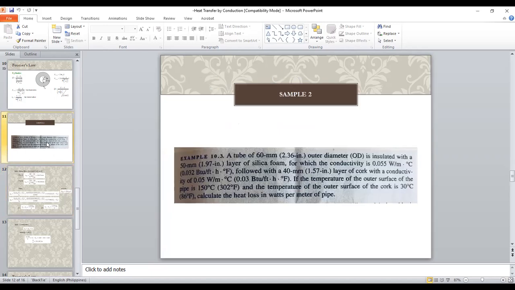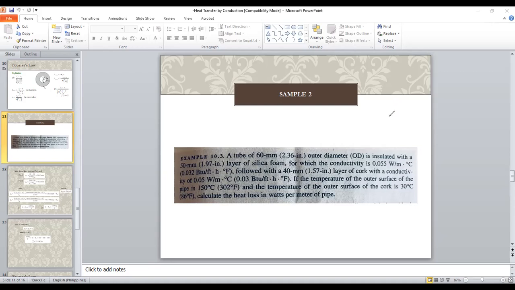For A, which is for silica, take note that your tube is 60 mm and it is insulated with a 50 mm layer of silica. So the thickness of the silica itself is 50. The outer diameter of your tube is 60. So let me annotate here so you could see.